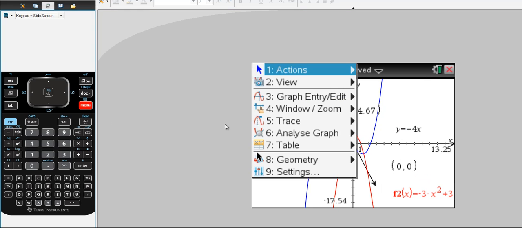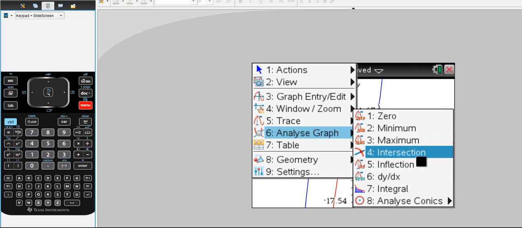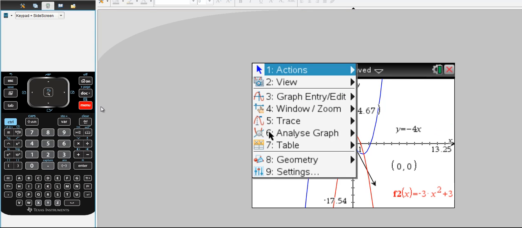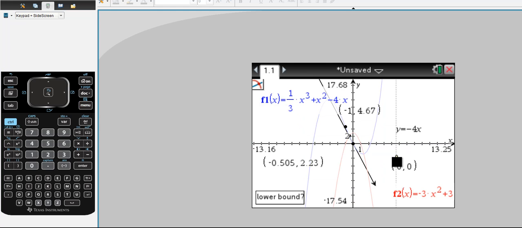So let's use the tool to find the intersection. We start a little bit to the left and then to the right. Here's one point and the coordinates for that point of intersection. Let's do it again. Analyze graph, intersection, start a little bit to the left. Here is the intersection, and then a little bit to the right, and here is the other point and its coordinates.